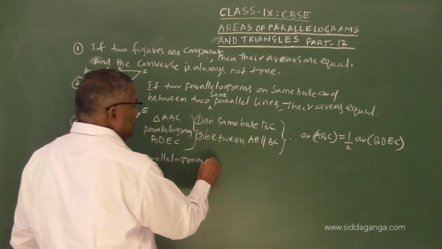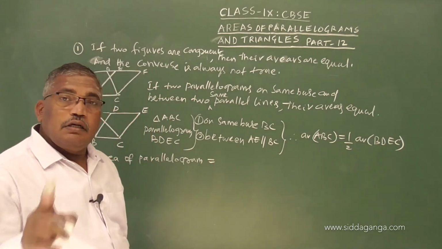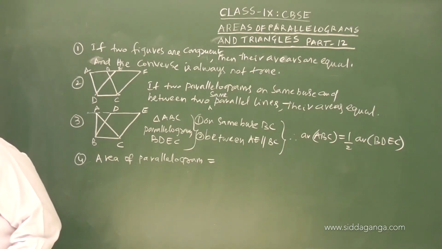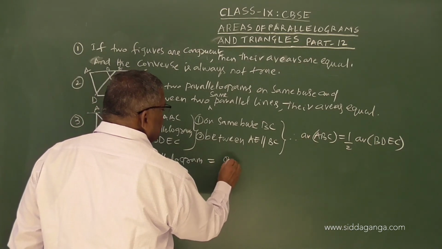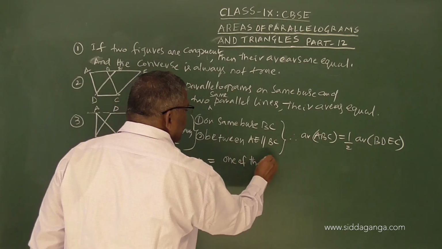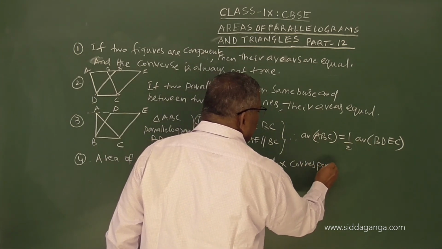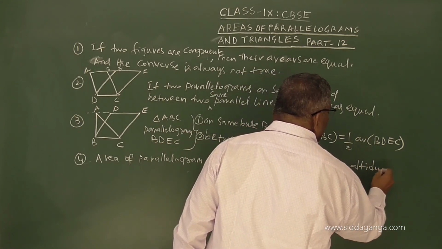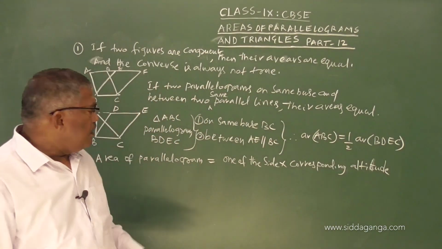Area of a parallelogram is the product of one of the sides and the corresponding altitude, where altitude is the perpendicular distance between the two parallel lines.